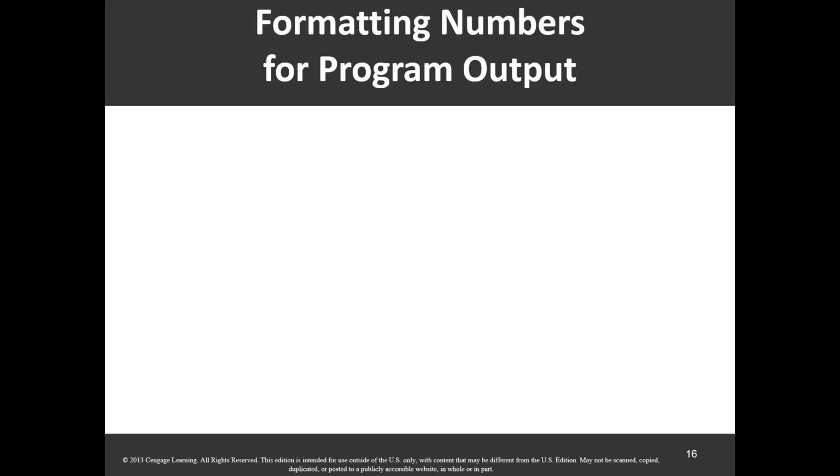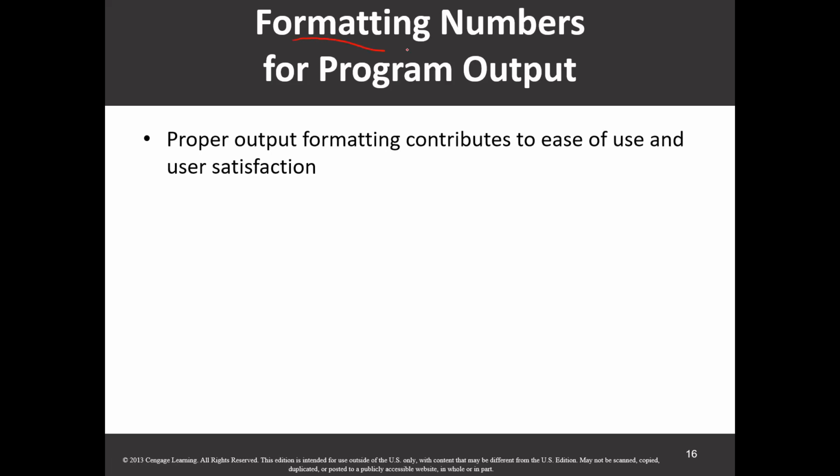Okay, so let's start with the first point here, which is formatting numbers for program output. We all know, when you print or display something, specifically numbers, sometimes it's printed in a messy way, not organized. For example, when you are printing an invoice, usually you'll find numbers are exactly under each other.